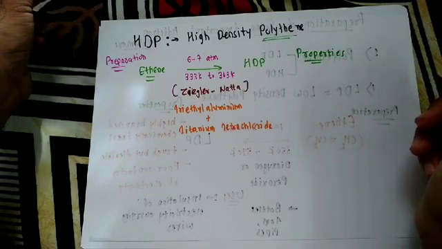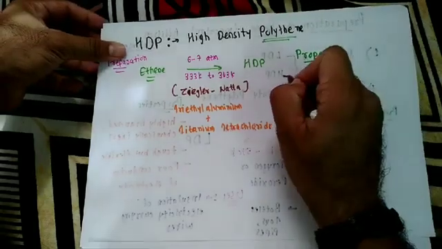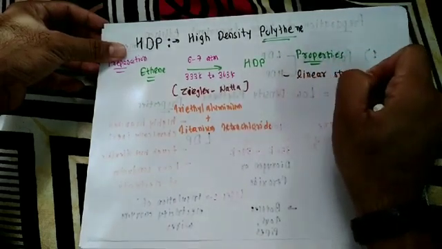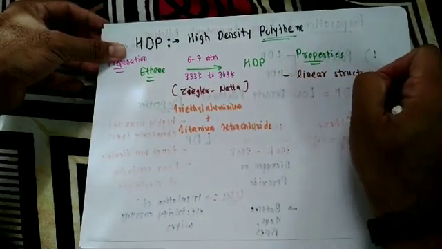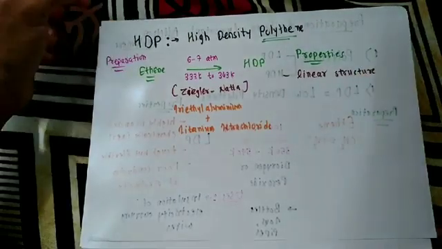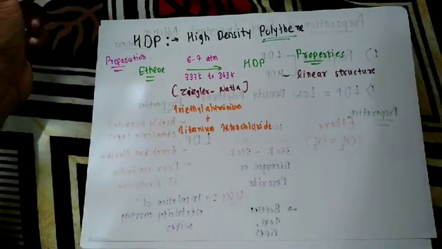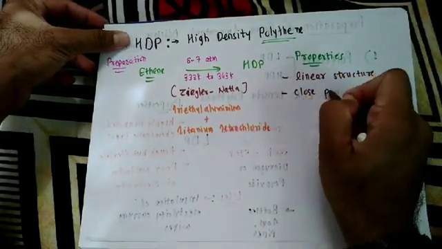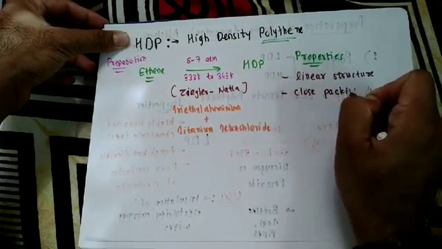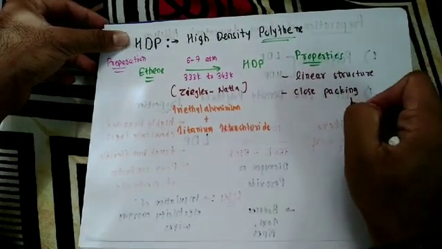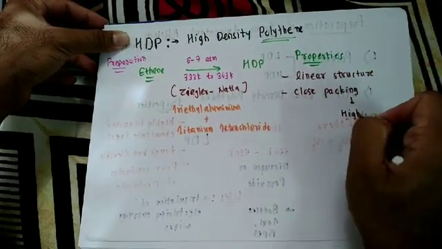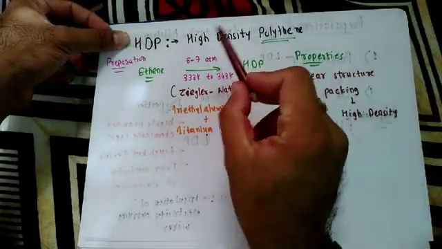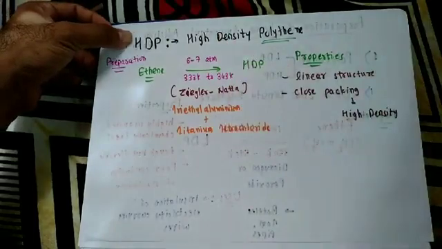It has a linear structure, whereas LDP had a highly branched structure. Because of the linear structure and close packing, it has high density, and that is why it has the name high density polyethylene, HDP.